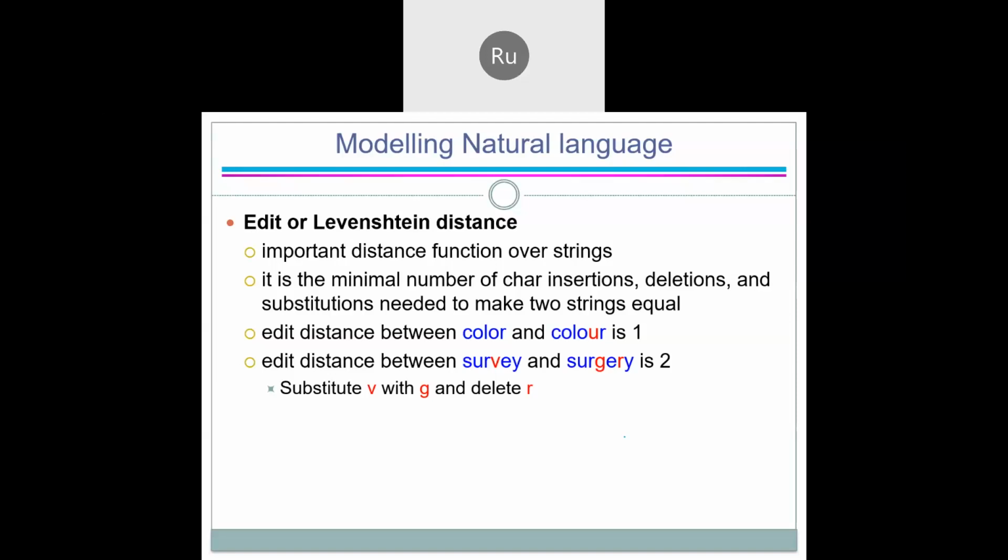For survey and surgery, the distance will be 2 because we can substitute V with G and then delete R. We have 2 operations, so the distance is 2. So the edit or Levenshtein distance depends on the number of operations that you need in order to make the two terms the same.